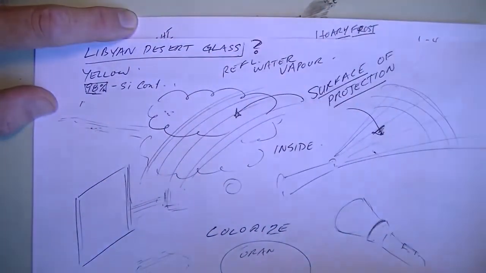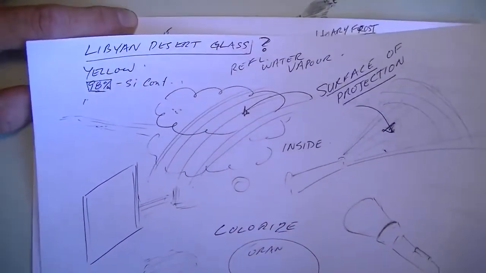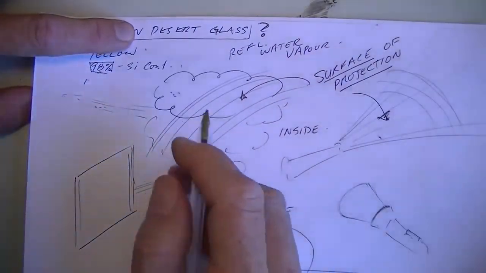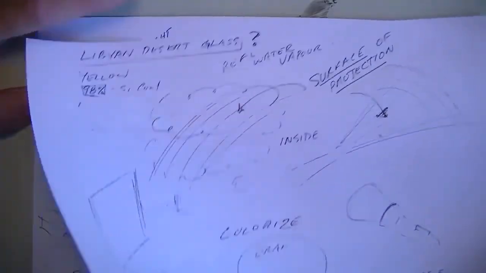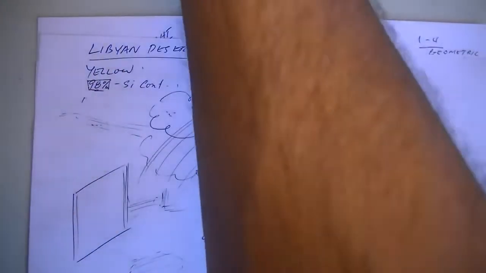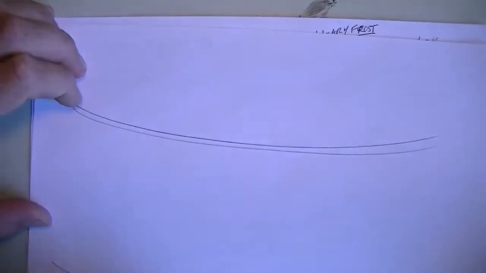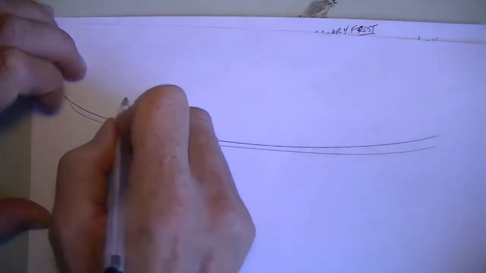Well, because they don't understand that there's a layer of glass in the sky, 62 miles high. And probably what happened was very simple. A meteor probably came crashing through the glass sky again. Here's Earth, here's the glass sky.